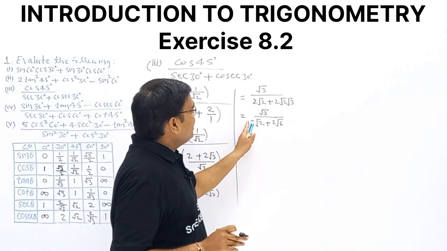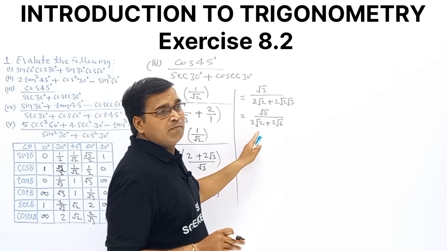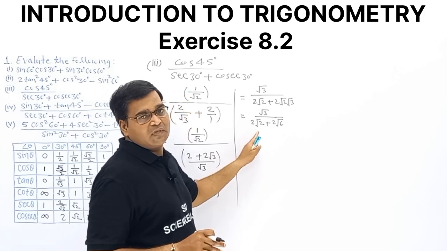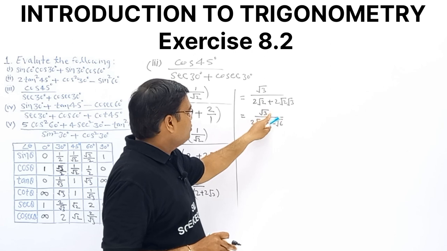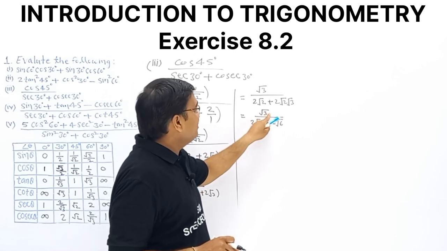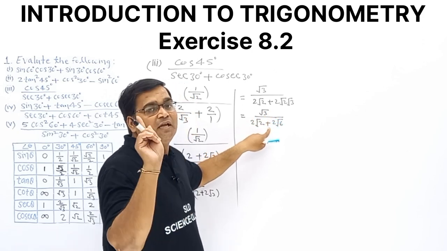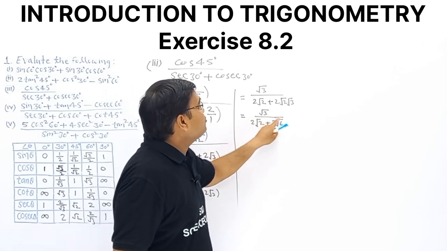Its conjugate will be multiplied and divided. This numerator and denominator will be multiplied by its conjugate.